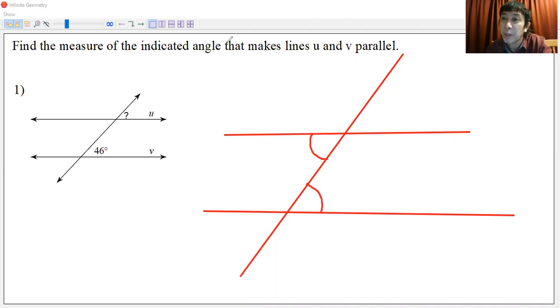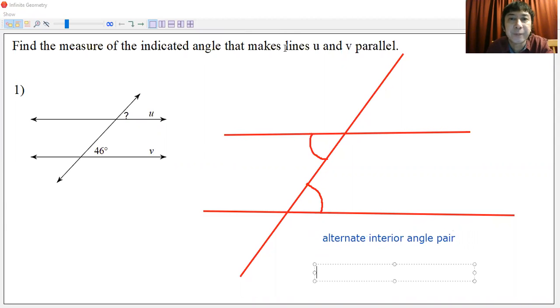These are a non-adjacent angle pair, both interior, on opposite sides of the transversal. So they are on different sides, and they are not adjacent. So we call this alternate interior angle pair.